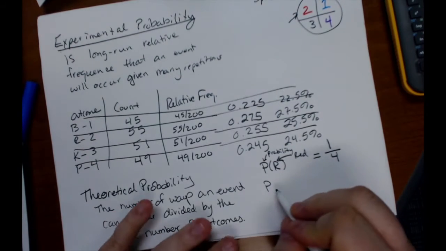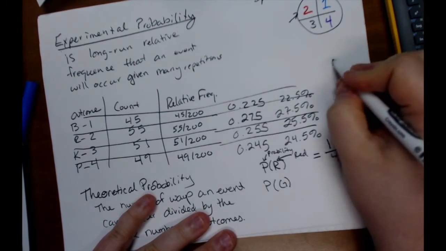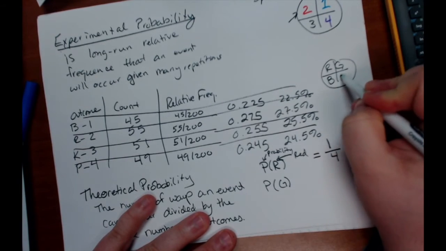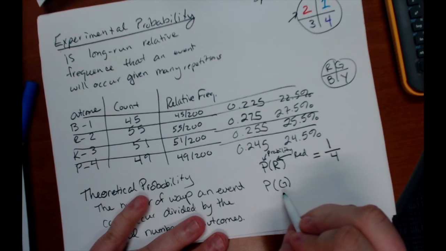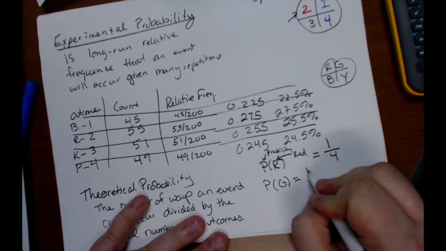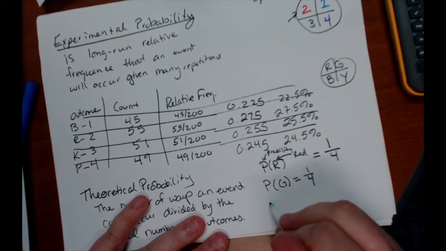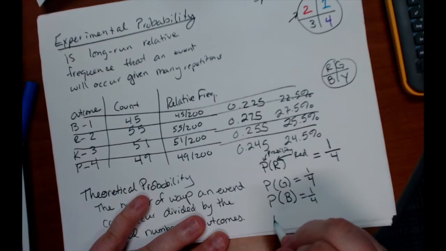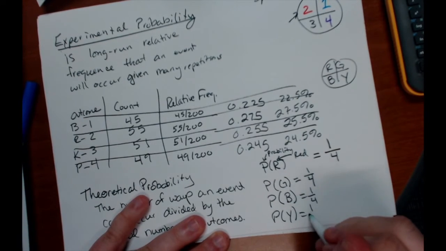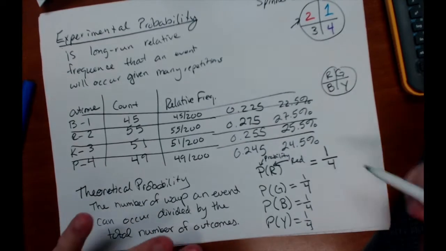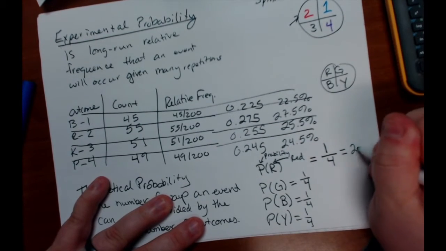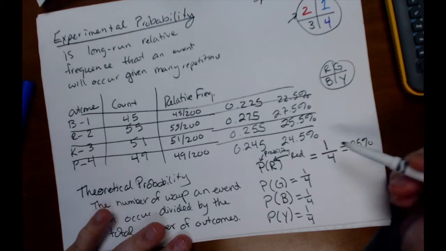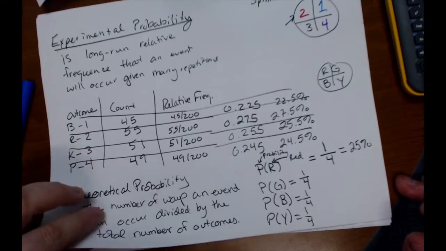The probability of green, if I go back to my original spinner, G, R, B, Y, is 1/4. The probability of black or blue is 1/4. And the probability of yellow is 1/4. And notice 1/4 is exactly 25%, right? It's 0.25.